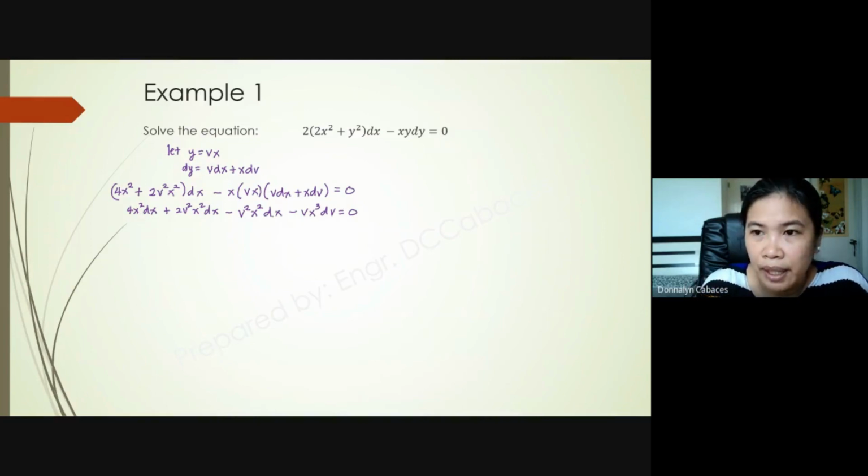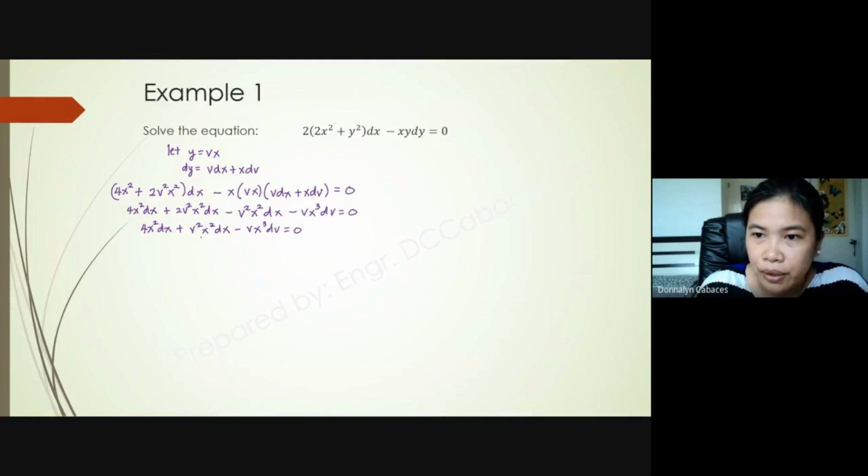And then combining like terms, you have here on the second term 2v squared x squared dx, and you have here negative v squared x squared dx. So subtracting the two, you have v squared x squared dx. So the resulting equation now, 4x squared dx plus v squared x squared dx minus v x cubed dv is equal to 0.